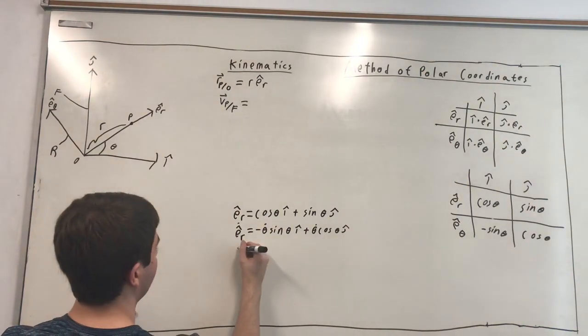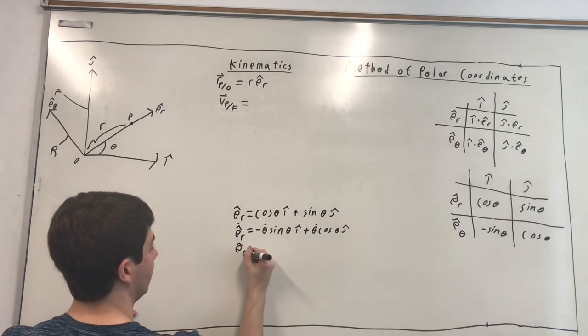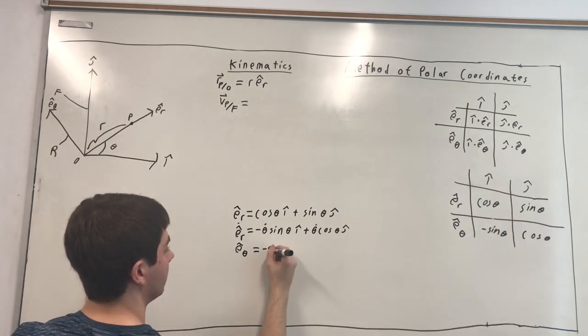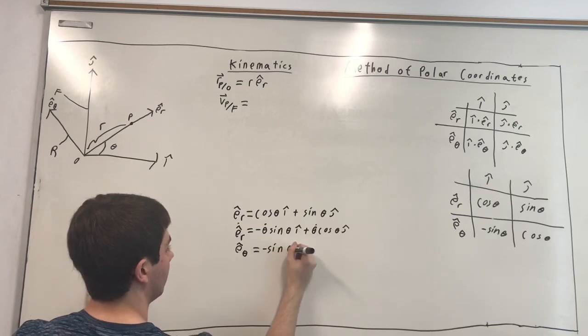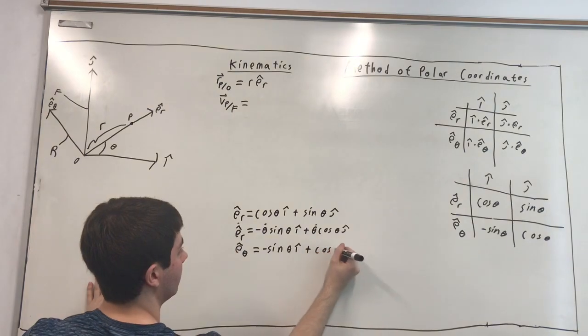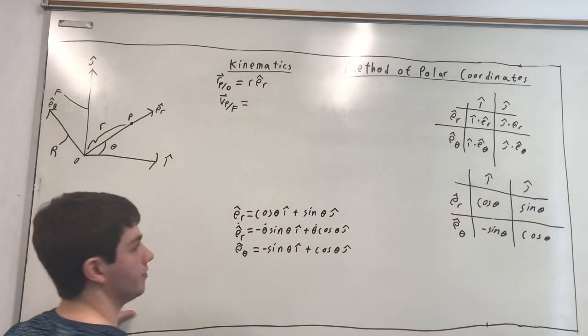So now, you look at e hat theta, and you look back at your transformation table, and you say negative sine theta I hat plus cosine theta j hat.